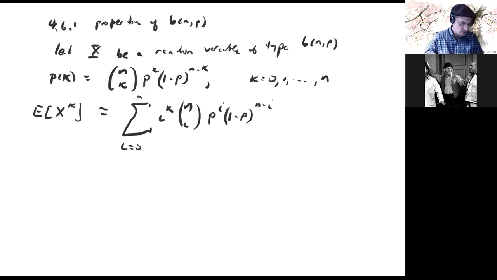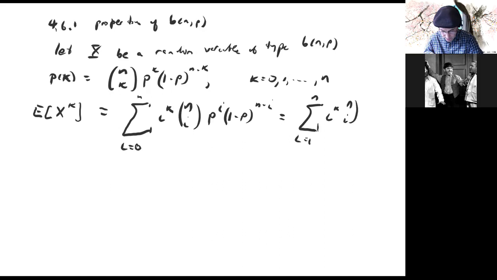Now when i equals 0, the first term of this sum vanishes, so you might as well write it as the sum i goes from 1 to n of the same thing.